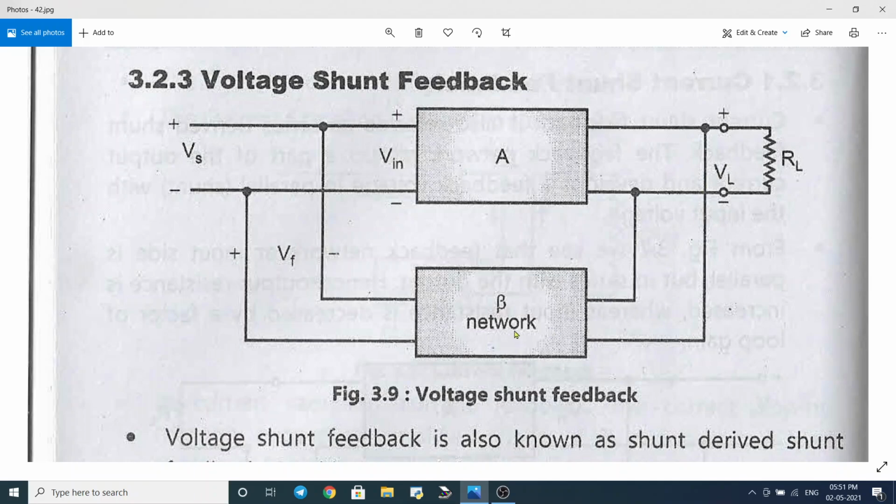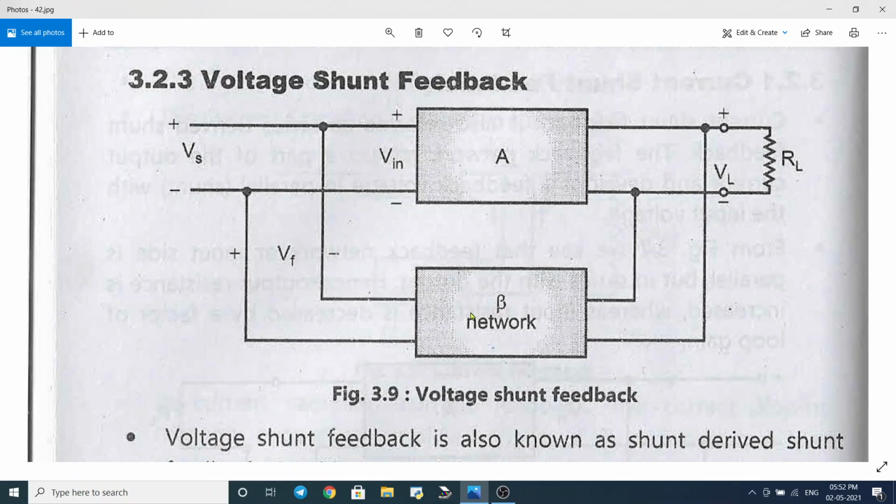So the feedback network and load resistor are in parallel. So this voltage is applied here. That means the feedback voltage is directly proportional to the load voltage. If the feedback voltage is directly proportional to the load voltage, then this type of feedback is called voltage feedback.